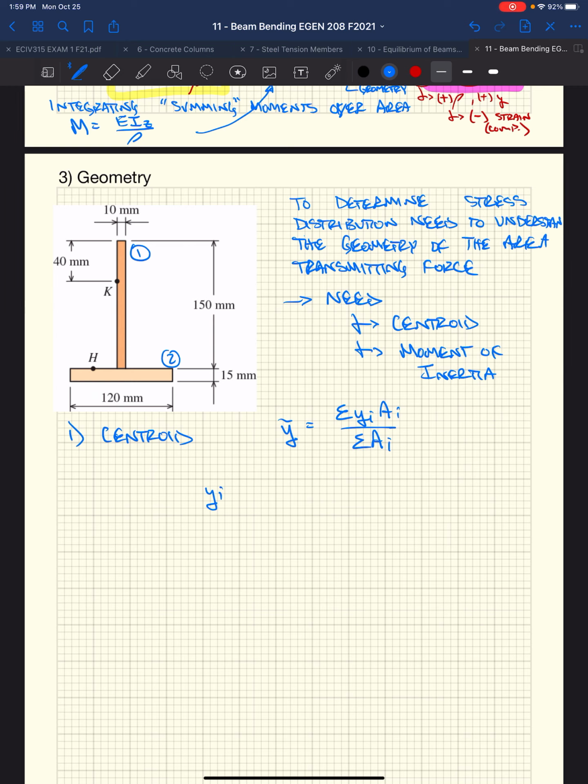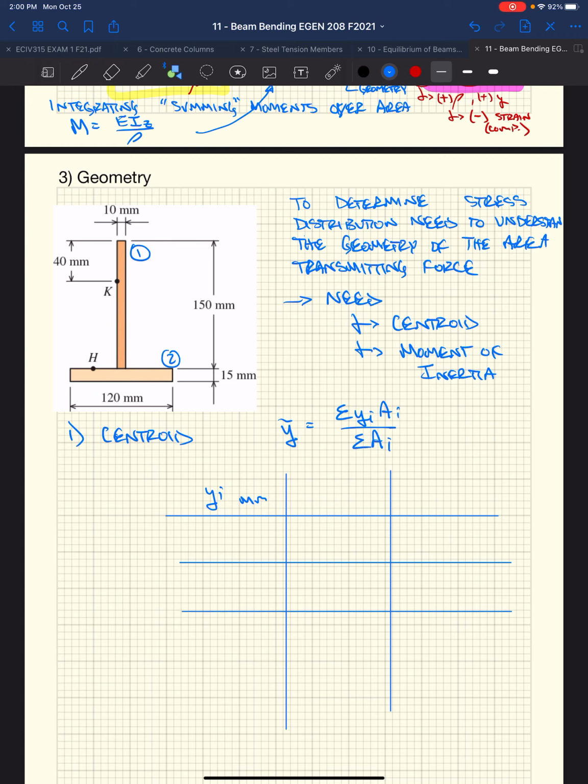We would need to know the centroid of each piece, in this case in millimeters. We're also interested in the area of each piece, and finally we need y times A. So we need these three components for each of our broken up areas.